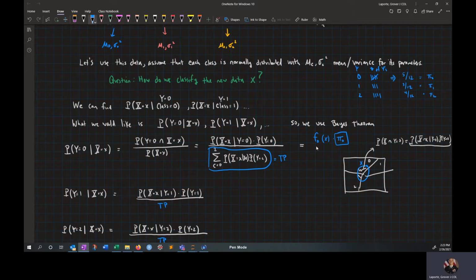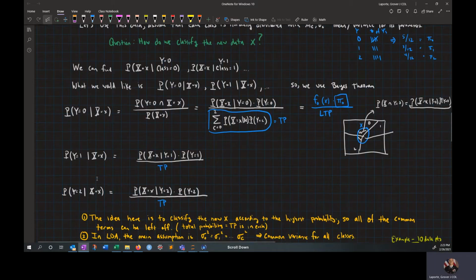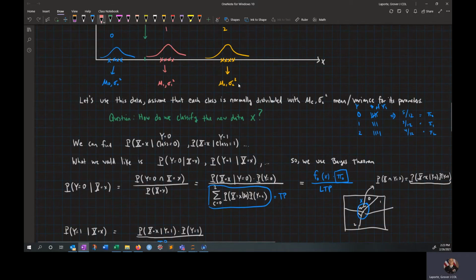I think I've already called it that. Oh, I called it right here. And then all divided by the law of total probability. I'm just going to call it LTP for right now. It's just this whole thing. And if you did the same thing with y equals 1, I'm going to use red for this one and yellow for that one, right? So we've got to calculate these.